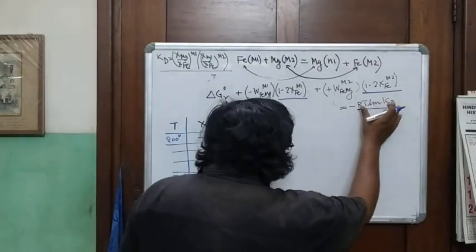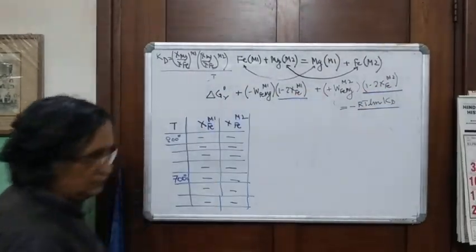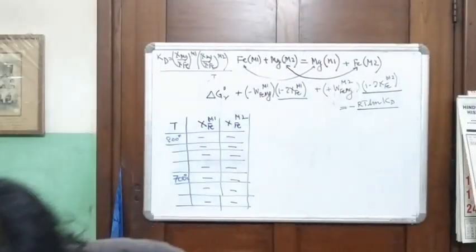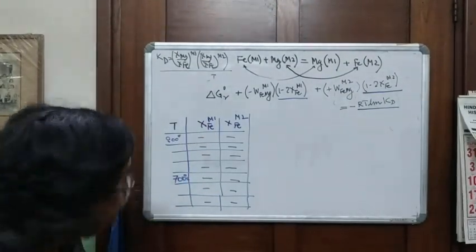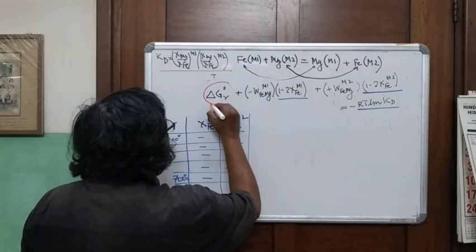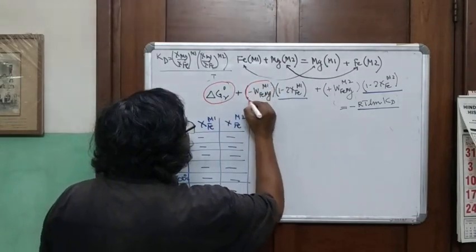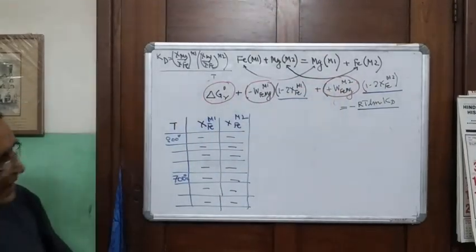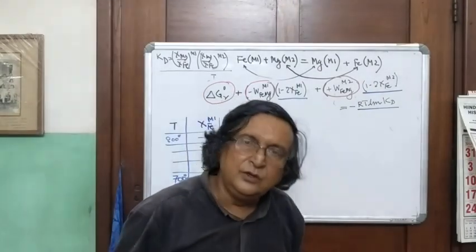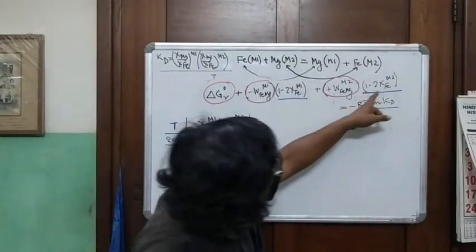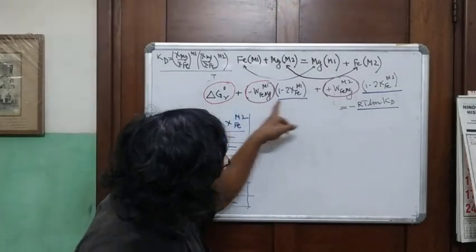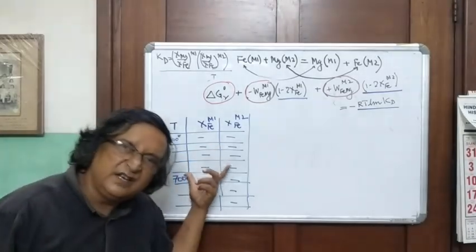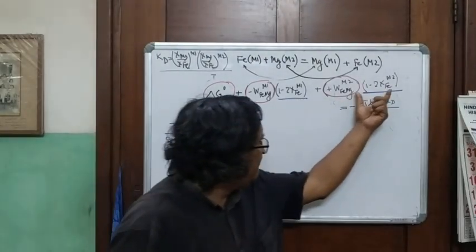So these parameters are known. Which parameters do we need to determine? We need to determine this parameter and this parameter. The ones in red are the unknowns, and the ones in black underlined by blue are the parameters that can be found out from the experimental data set. These are numerical values.